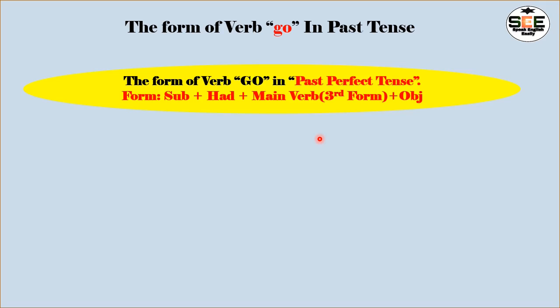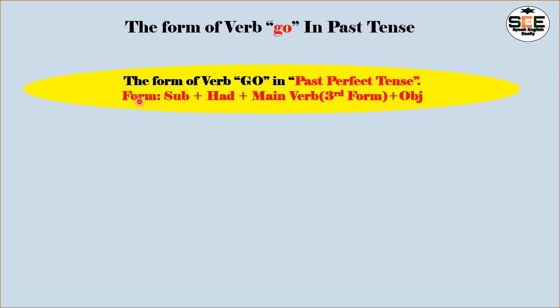Today's video will be made on past perfect tense, right? So I have already given here the form of how to make a past perfect tense. In order to make a past perfect tense, first of all we need a subject plus had plus main verb third form, means past participle form, plus object.